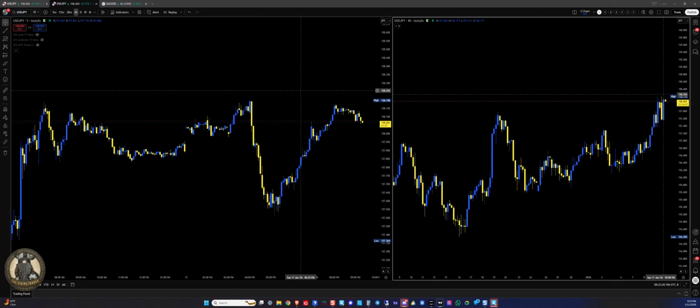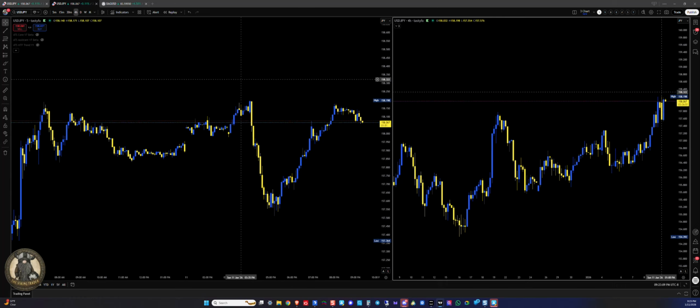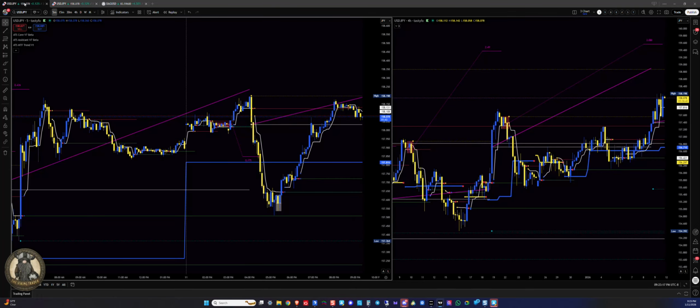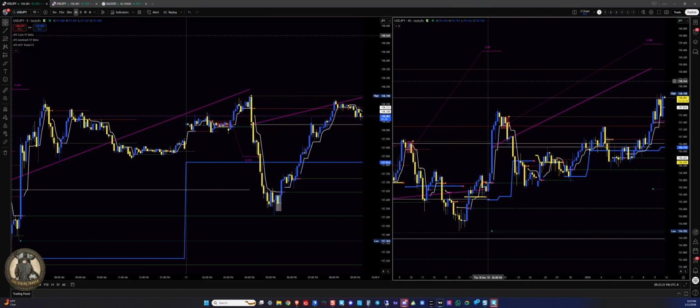Now when you're looking at these two charts, it's hard to make heads or tails of it, kind of like a different language. But that's why we have the software to clean everything up, to give us a clear direction on where to go. So I'm going to switch it over here. Same exact two charts, 5-minute entry and the 4-hour higher time frame, except now we have our indicators on here.